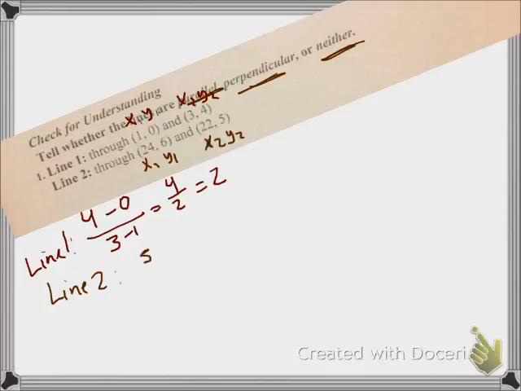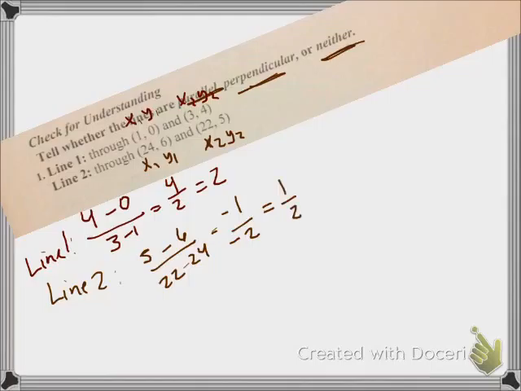That would be 5 minus 6, and 22 minus 24. So 5 minus 6 is a negative 1, and 22 minus 24 is a negative 2. Now a negative divided by a negative should be a positive, so this reduces to a positive 1/2.